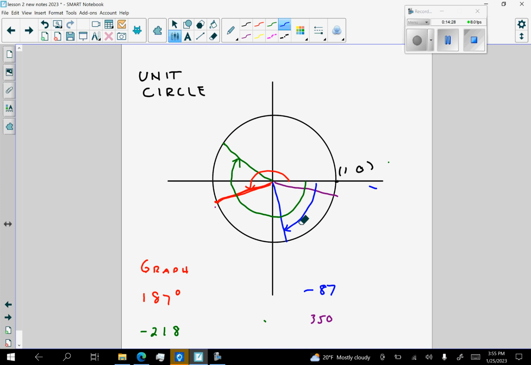Positive 350 is going to be a counterclockwise angle, and I'm going to start here, use the appropriate color, and go all the way around and stop right there. Okay, so that's the essence of the short 10-point quiz that will be tomorrow.